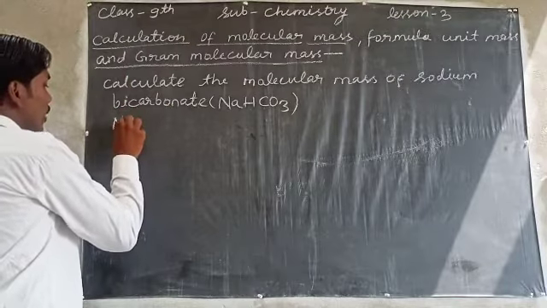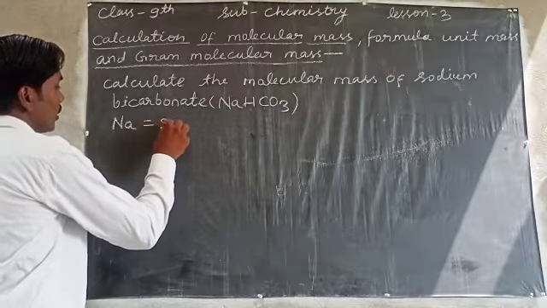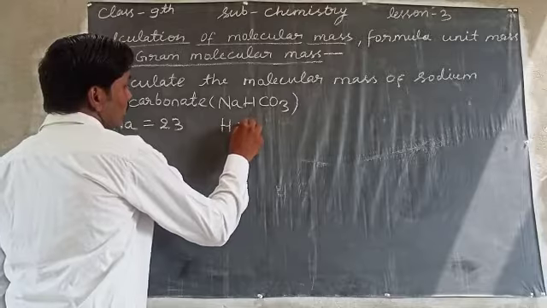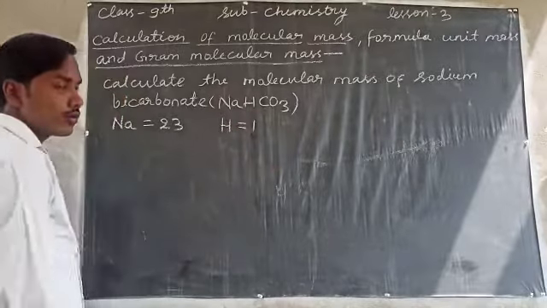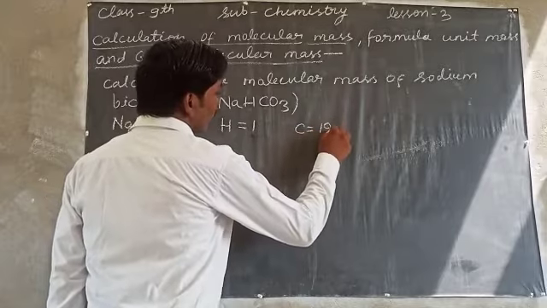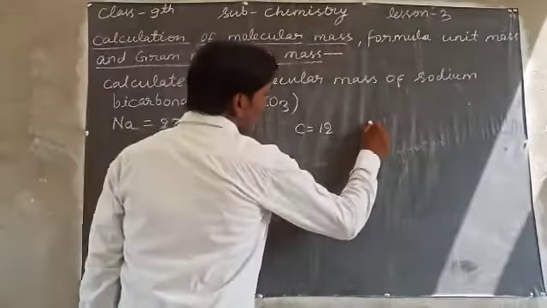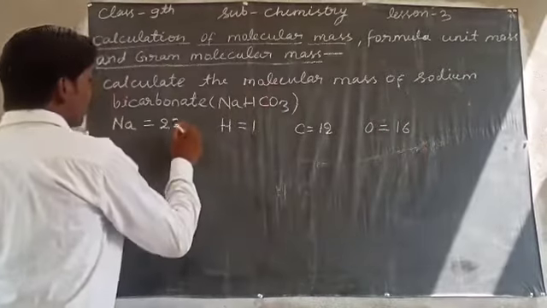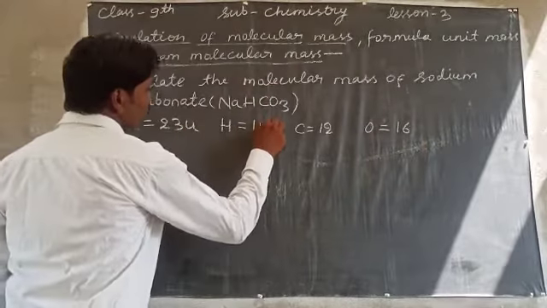Atomic mass of sodium is 23. Atomic mass of hydrogen is 1. Atomic mass of carbon is 12 and atomic mass of oxygen is 16. All are in units.